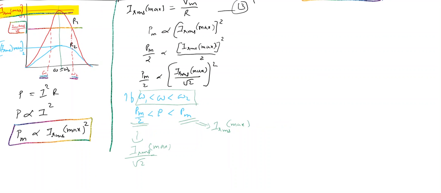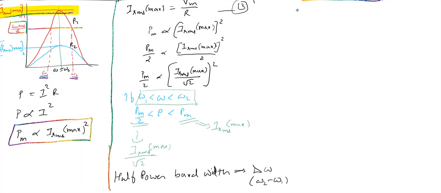What do you mean by half power bandwidth? Half power bandwidth is the range of frequency for which power in the circuit is half or more than half. So that is half power bandwidth.